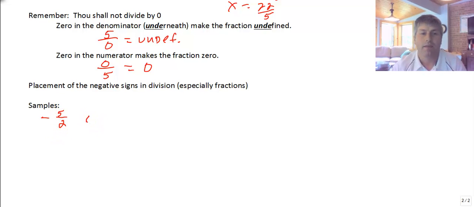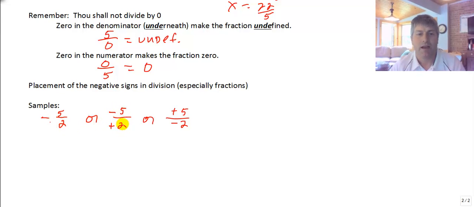Well, this is the same thing as the opposite of 5 over a positive 2. That's okay. Or it's positive 5 over negative 2. That's okay. These are all the same thing. Negative 5 halves, the opposite of 5 over positive 2, or 5 over the opposite of 2.